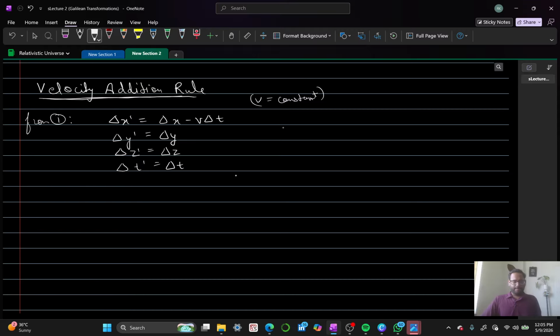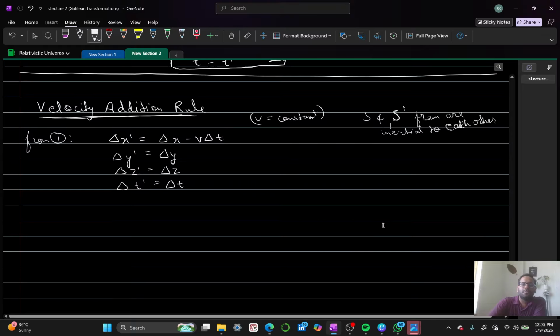Because these things don't apply to non-inertial frames, so acceleration cannot be present, because the S and S prime frames are inertial to each other. To each other means that relative to any one of them, the other will be moving with a constant velocity.